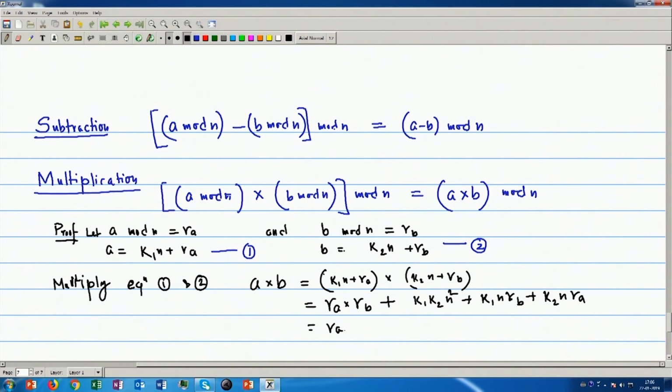So, this will be r a into r b plus, taking n common, n times k 1 k 2 n plus k 1 r b plus k 2 r a.